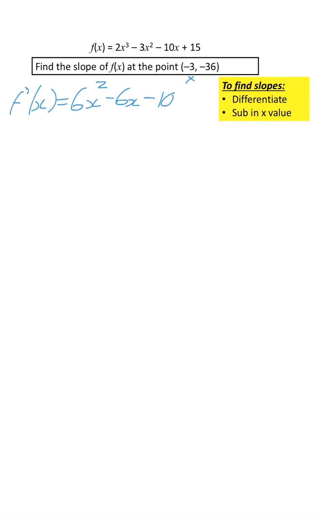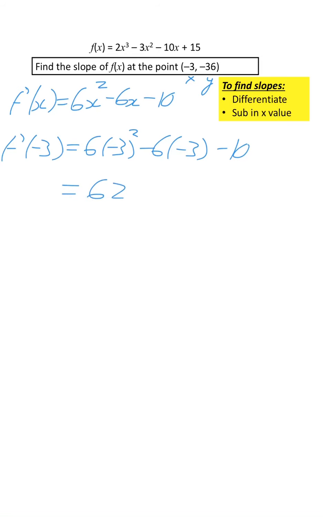So the minus 3 is the x, minus 36 is y, and we only need the minus 3. So let's substitute that in now. So 6 times minus 3 squared minus 6 times minus 3 minus 10. I'm going to put this into the calculator, and that's going to get me 62. So at the point minus 3, minus 36, my slope is going to be 62.